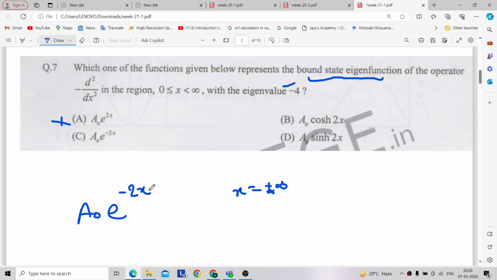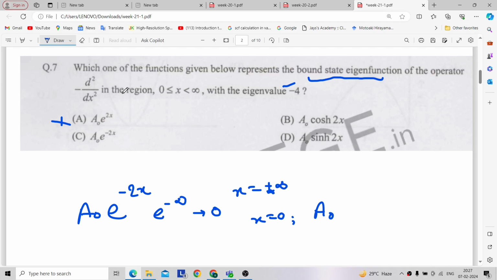If x equals infinity, then it goes as e to the power minus infinity, which equals 0. So now this wave function has a 0 value at x equals infinity, and at x equals 0 it has a finite value, which is a0, and that is fine. So the first condition is satisfied: C is the bound state eigenfunction.